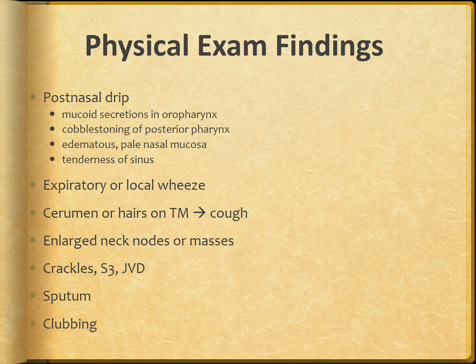This will give you a clue. Listen to their chest. Is there any expiratory or local wheeze going on? Do they have any cerumen impaction or hair in the tympanic membrane? Do they have any enlarged neck nodes or masses? Any crackles on auscultation? Listen for any S3 or JVD.